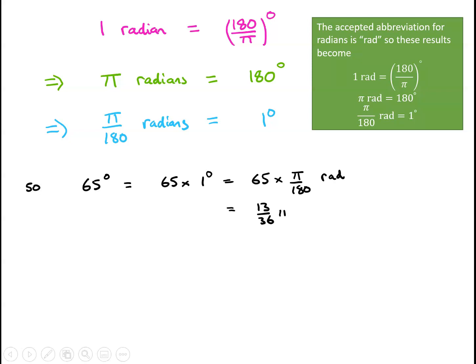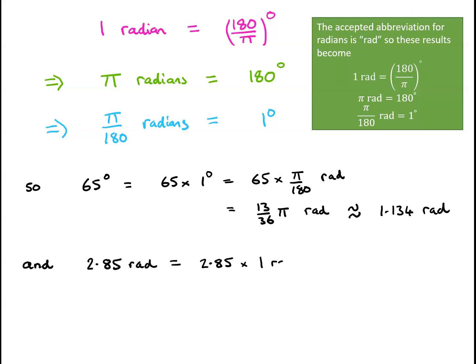So if we've got 65 degrees, we can say that 65 degrees is the same thing as 65 times 1 degree. So that's the same thing as 65 times pi over 180 radians, which is exactly 13 over 36 pi radians, or 1.134 radians approximately.